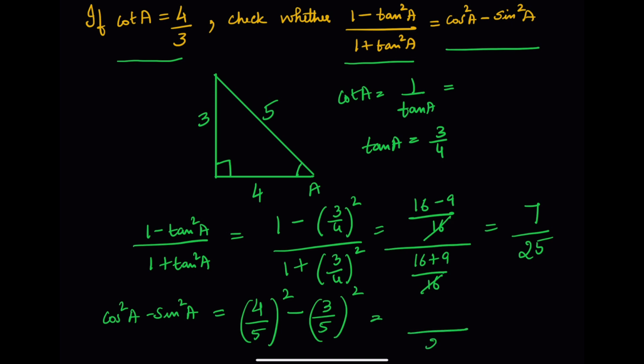The denominator would be 25, and the numerator 16 minus 9, which is 7 by 25. So we found that in both cases, left hand side and right hand side, we end up with 7 by 25. So this holds true.